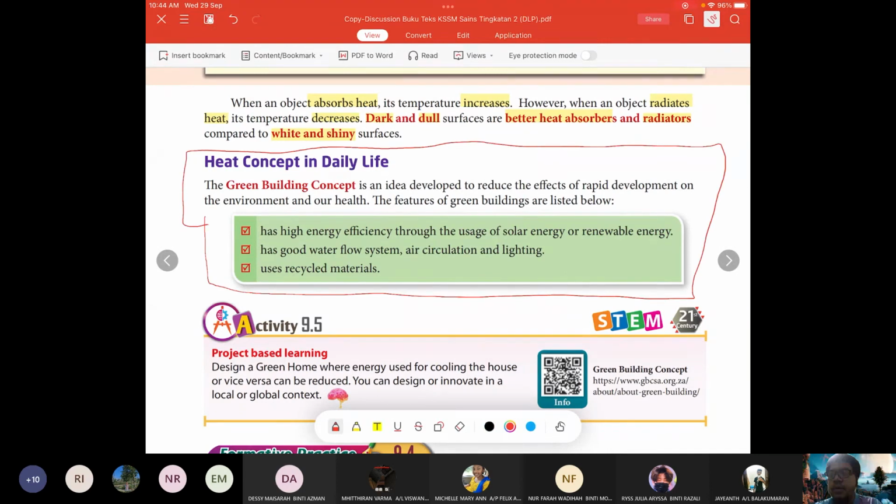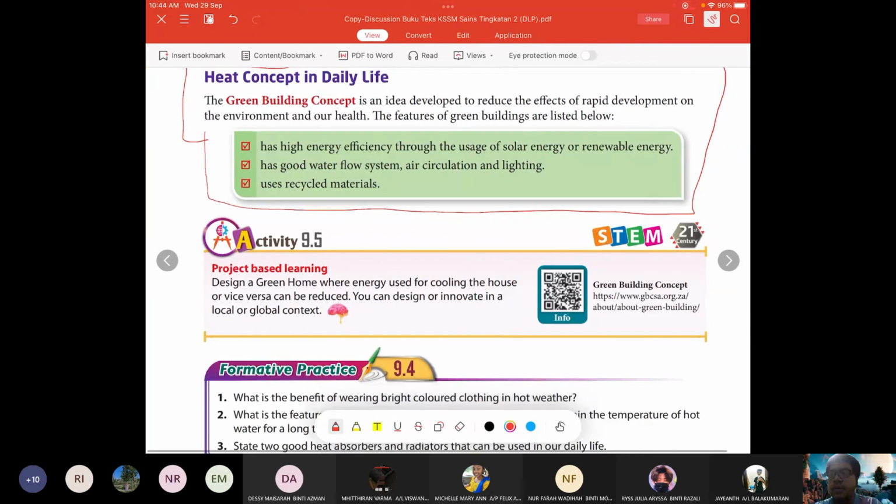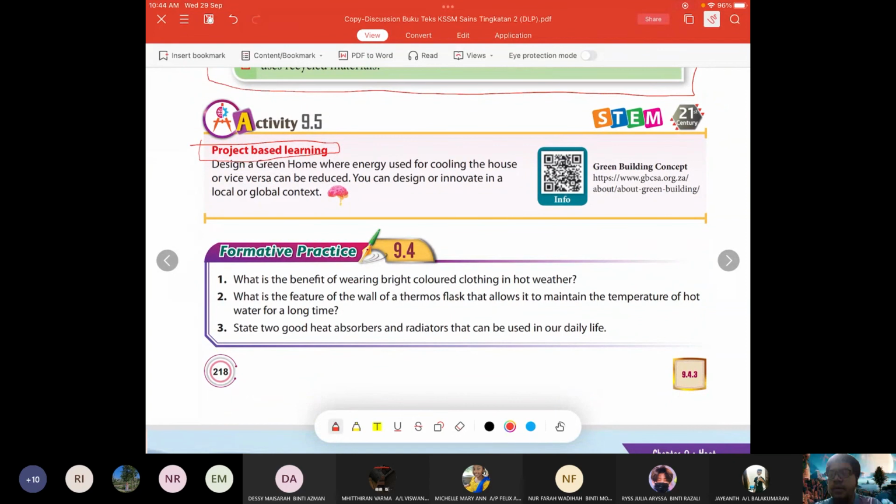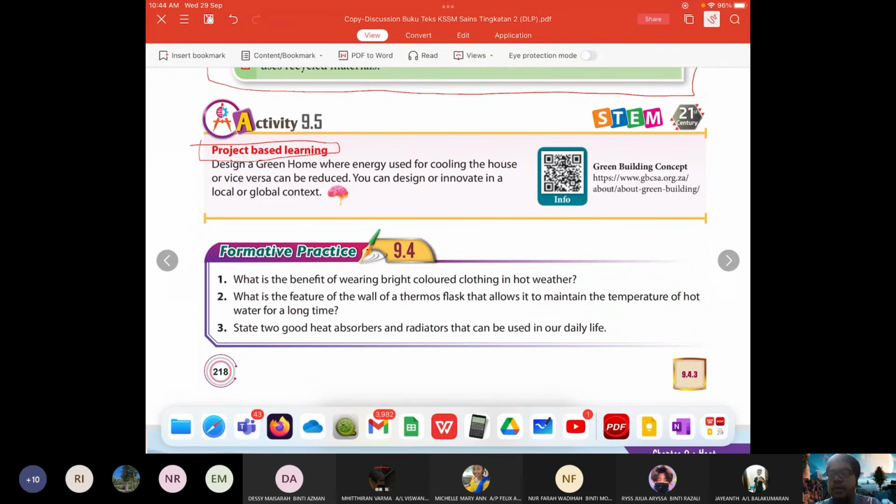It's not very good for me to explain everything. Sometimes you need to do your own research, Google it and find some information about the green building concept. Because actually this is a part of PBL, project-based learning. So we leave it here for now.